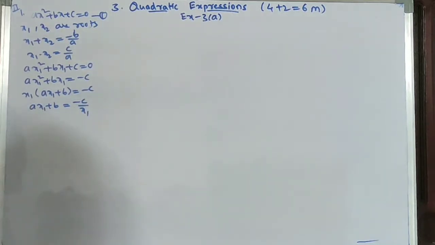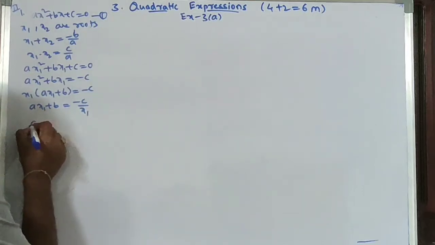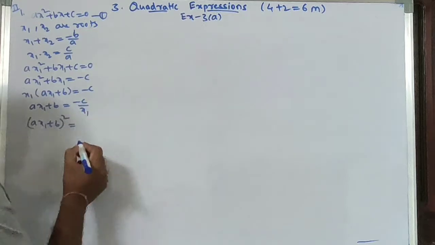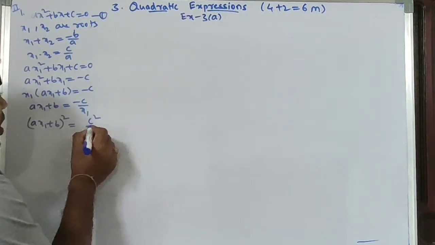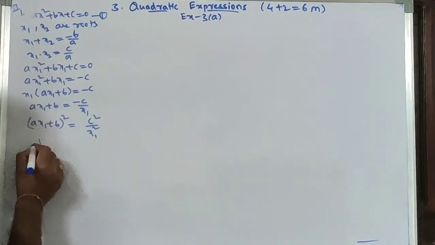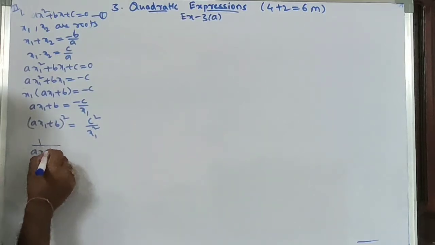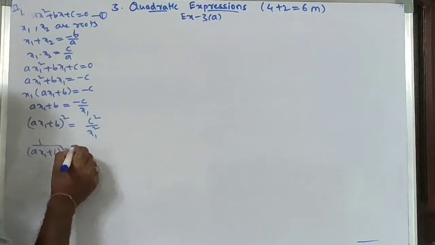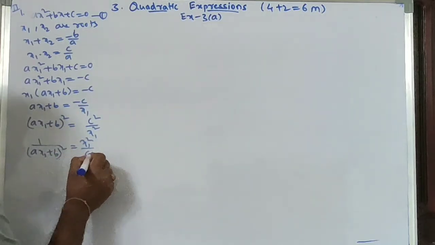I want to square on both sides. (ax1 + b)² = c²/x1². Next, reciprocal: 1/(ax1 + b)² = x1²/c².